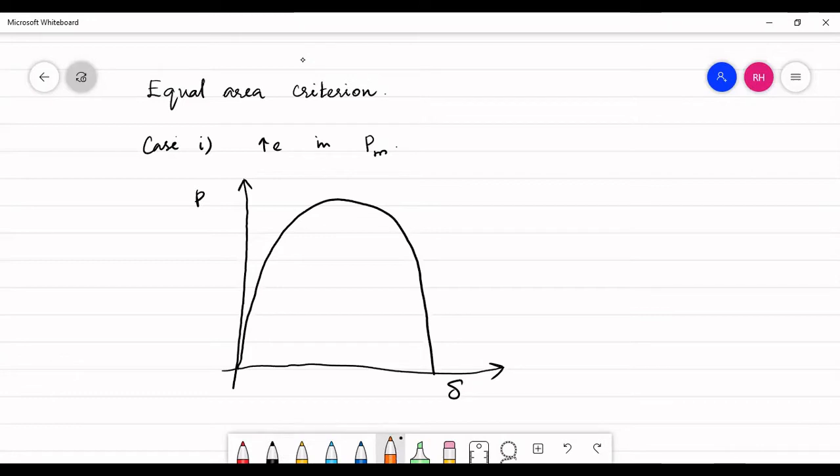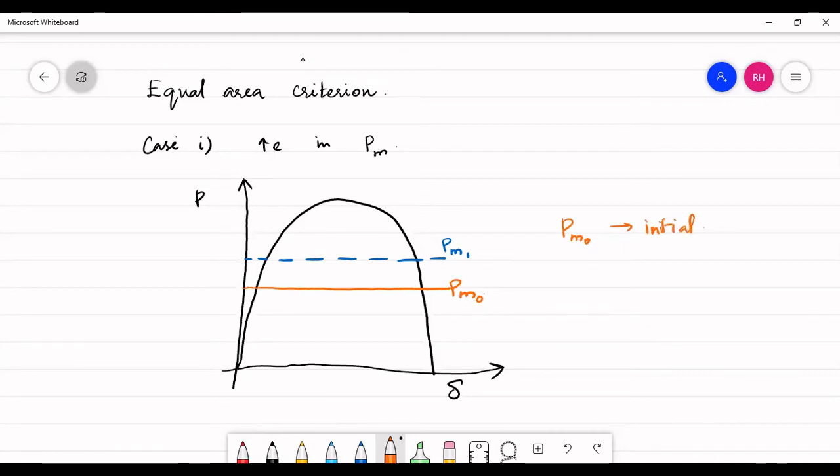So initially, we are set to have a value of mechanical input, and suddenly, let us say this value is increased. So the initial value is Pm naught, and now this value is increased a little.